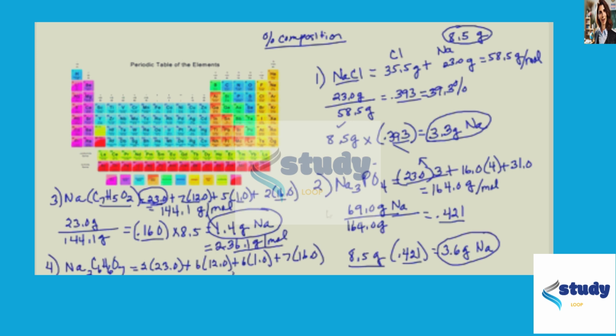The final example uses sodium hydrogen citrate. And so another sort of complex example. So we add up, in this case, 2 sodiums plus 6 carbons, 6 hydrogens, and 7 oxygens.